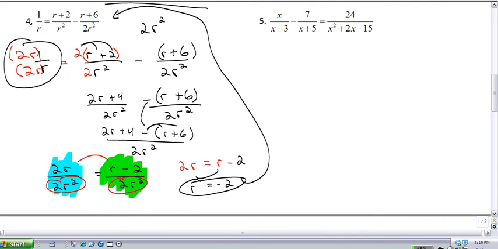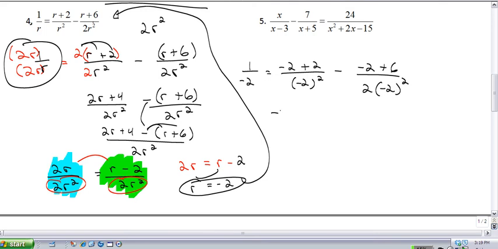You'll say, okay, self, let's see if I'm right. 1 over r, so 1 over negative 2 equals negative 2 plus 2 over negative 2 squared minus negative 2 plus 6 over 2 times negative 2 squared.